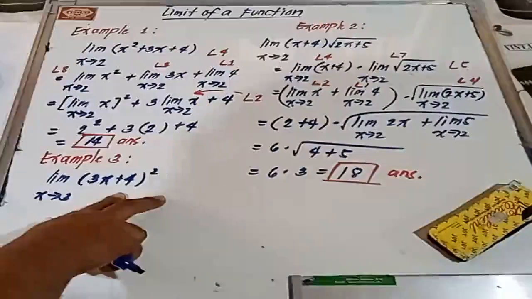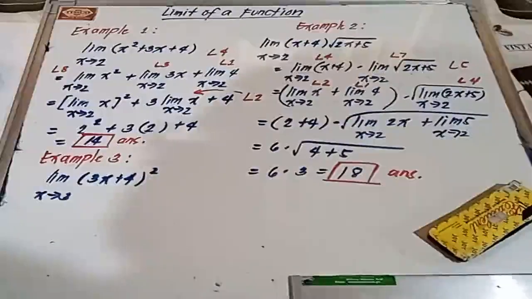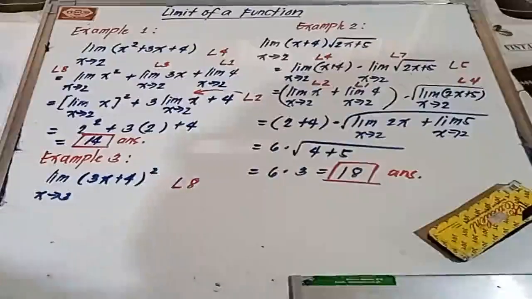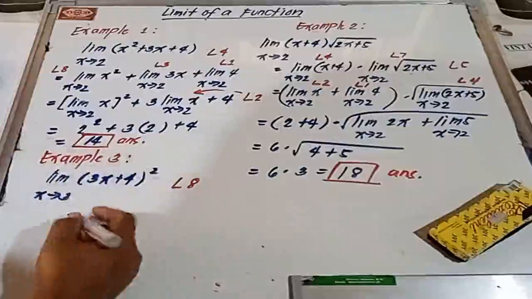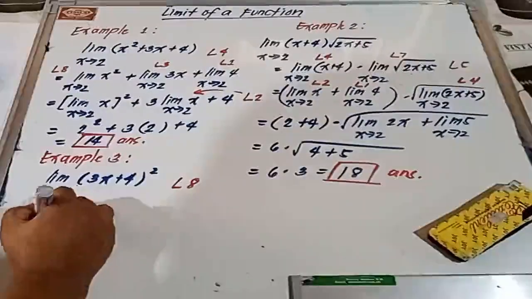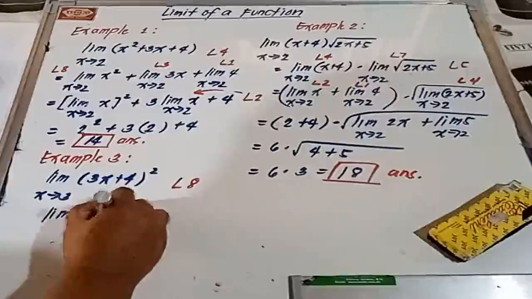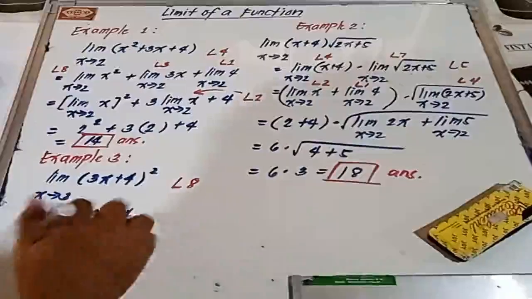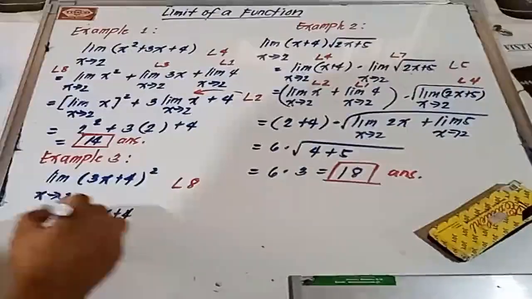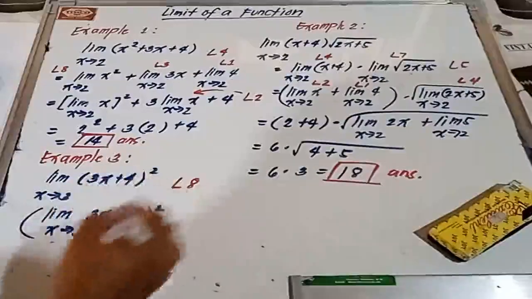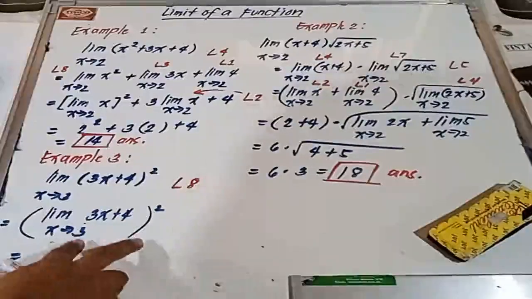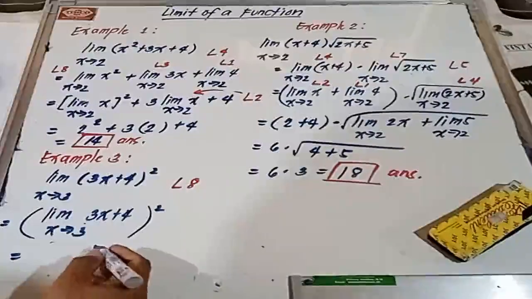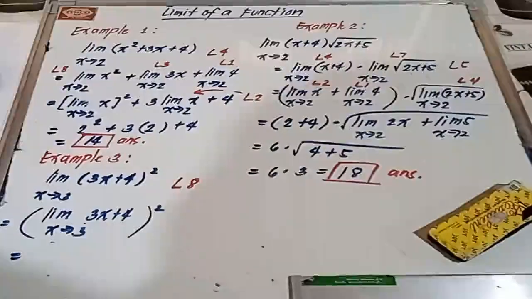Gamit yung ating limit theorem number 8. Ito yung may power. So, ilabas natin exponent: the limit of 3x plus 4 as x approaches 3, raised to the second power. After that, limit nung bawat isang term gamit yung ating limit theorem number 4.